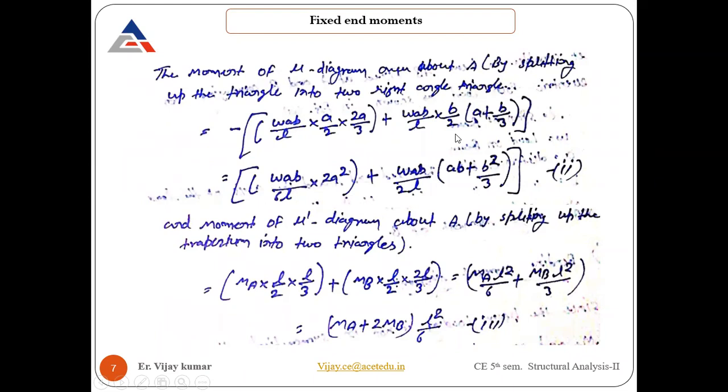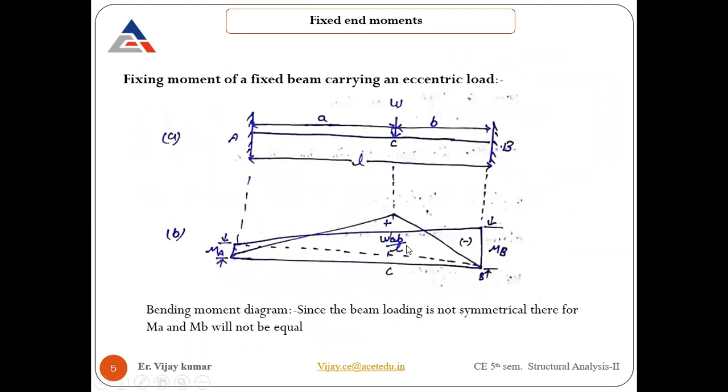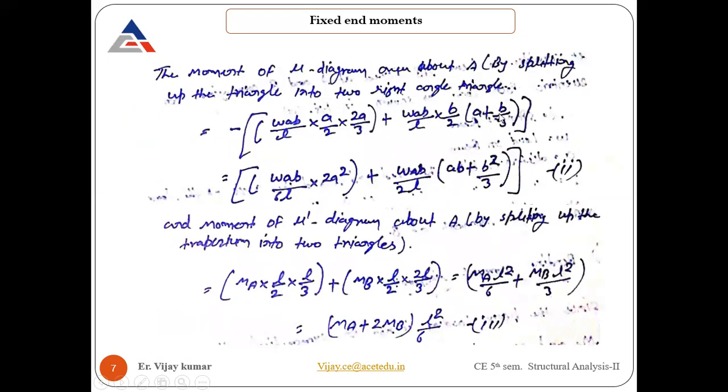It will act at the centroid. The remaining distance after the centroid will be B by 3, because this is the B by 3. This is the portion where it will act, somewhere here. So that distance is B by 3, but I am taking the moment about this point, so I need to multiply by the total distance. So the total is A plus B by 3.